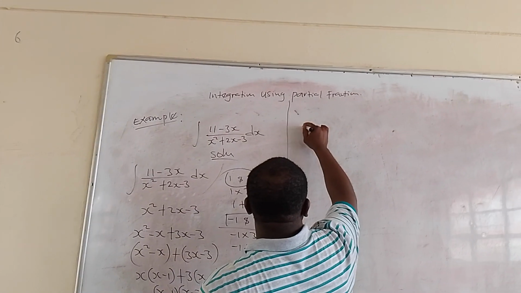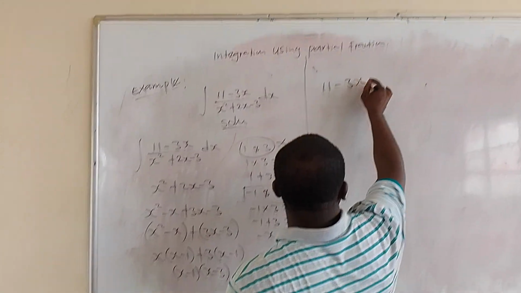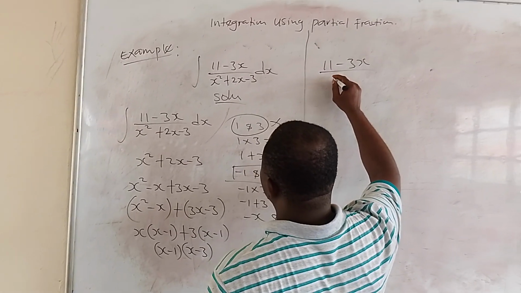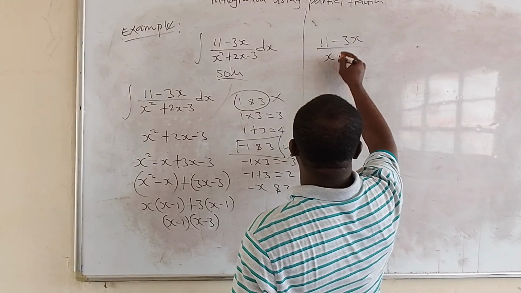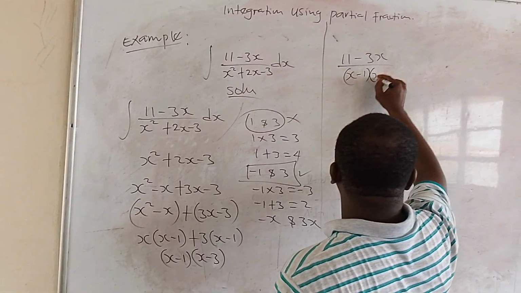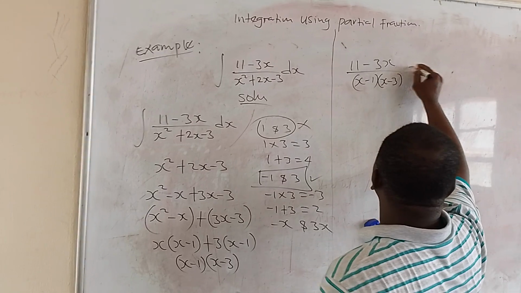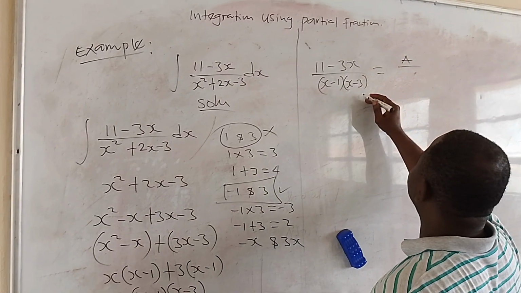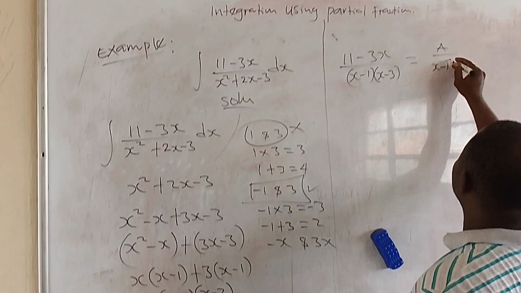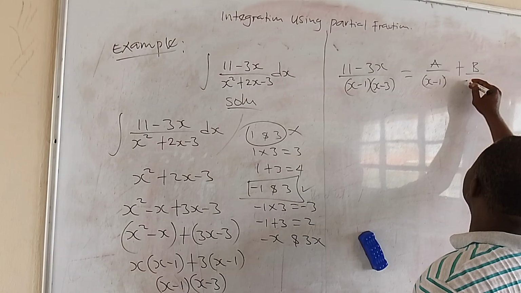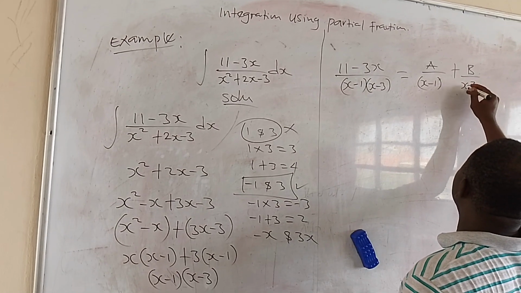So let's resolve it into partial fraction as it is. Let us write it this way: 11 minus 3x all over, amen, x minus 1 all in bracket x minus 3. This is equal to A all over x minus 1 plus B all over x minus 3.